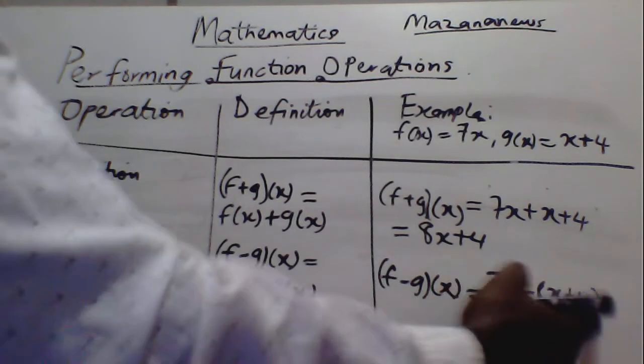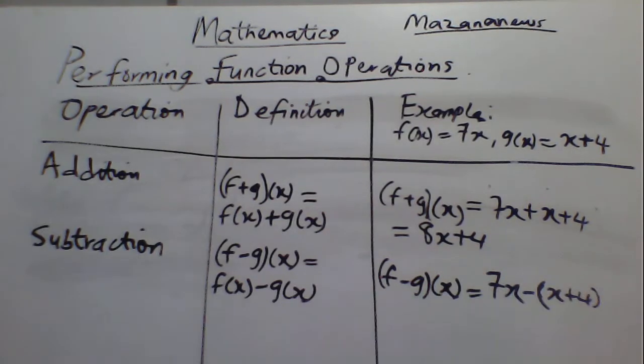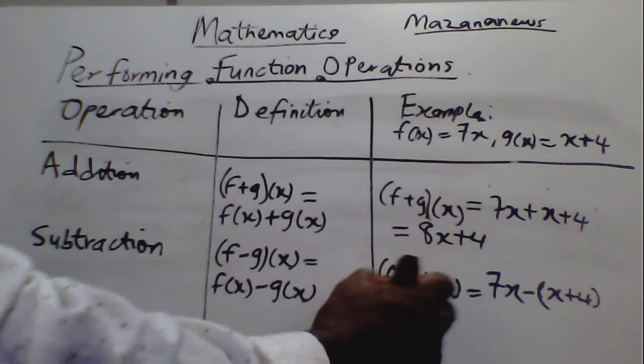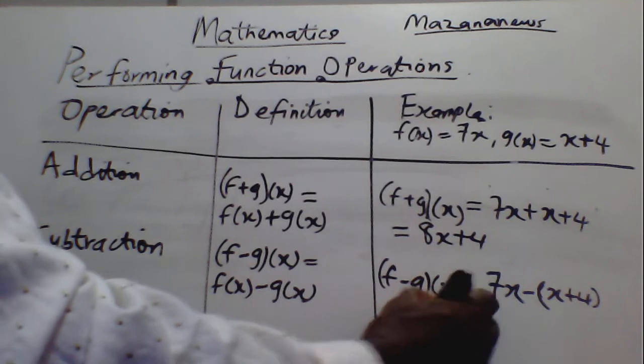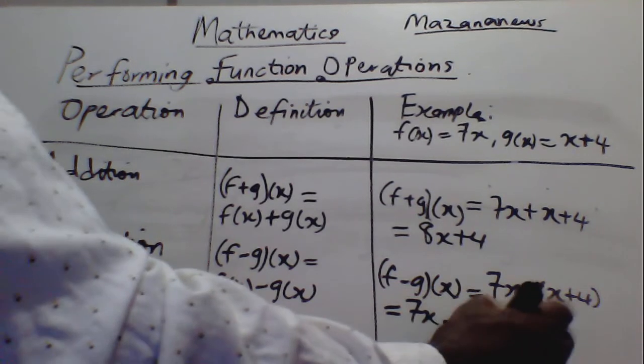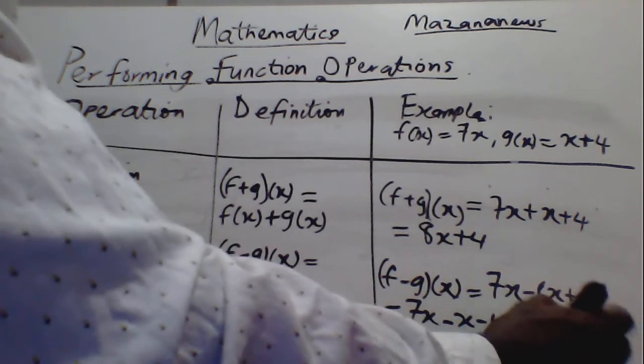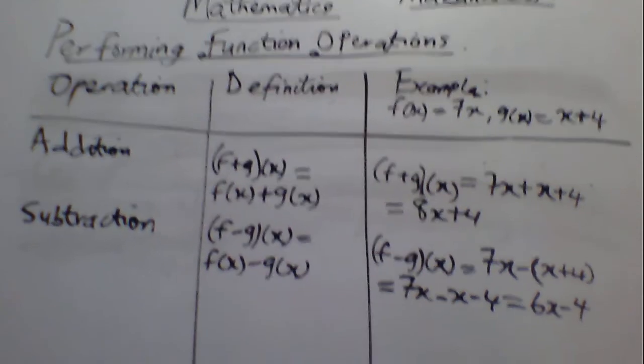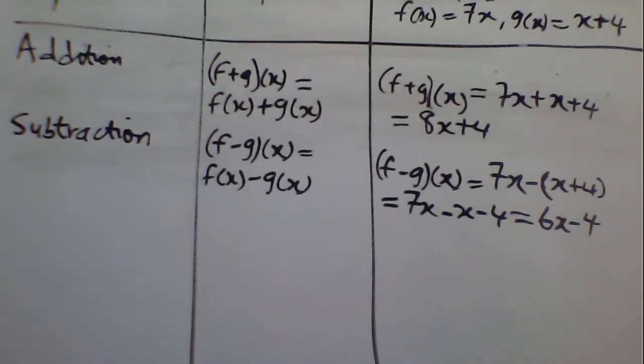So put a bracket because the subtraction sign will affect each of the terms that make up g of x. So this gives us 7x minus x minus 4. So this gives us 6x minus 4. This is how we can perform function operations on two already existing functions so that a new function can be created.